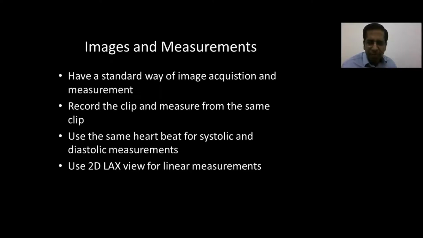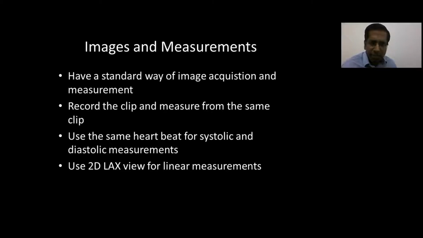We need to record the clip and measure it from the same clip, so that if somebody else also measures it from that particular clip, the measurements and your data remain constant. Whereas if you measure it online and then just record a clip for the sake of documentation, then the measurements can vary depending on the change in angulation.